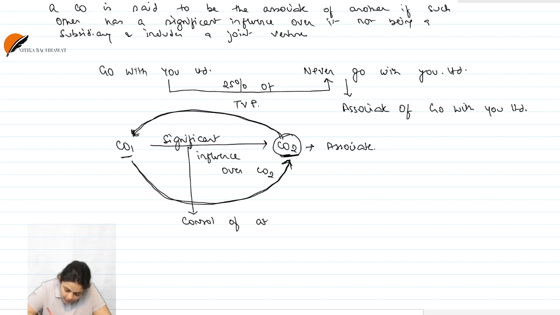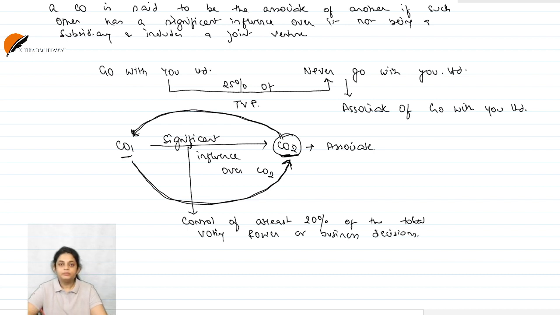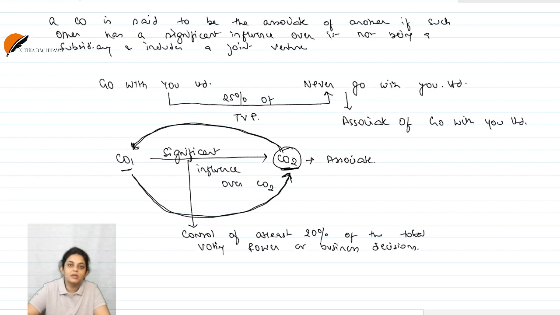Control of at least 20% of the total voting power or business decisions. Right?